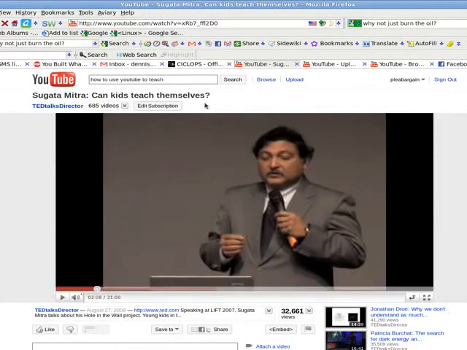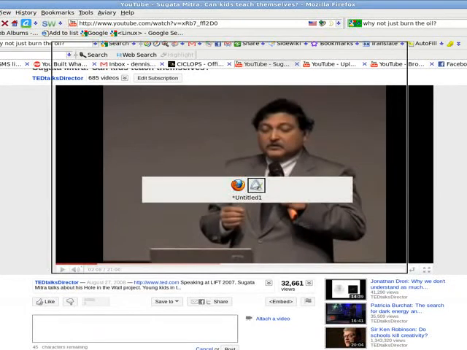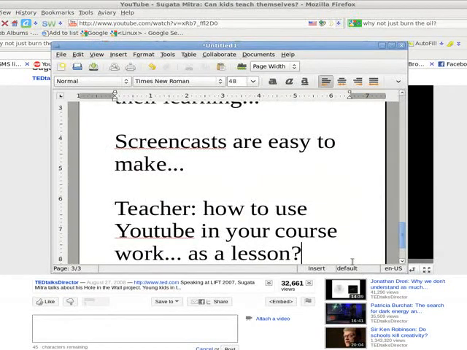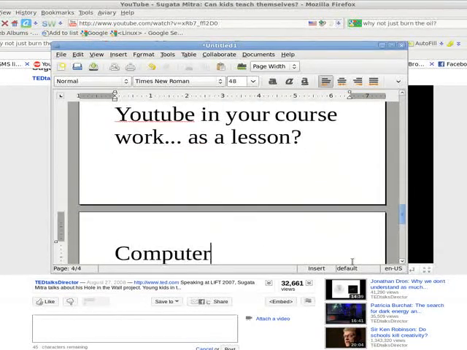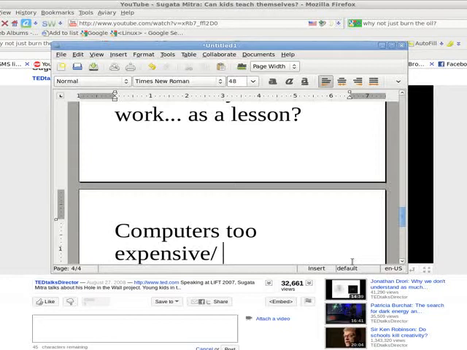So many schools are just missing their students' interests because they are locked into books and pencils and pens. And if you're going to say that instruction or computers are too expensive in the United States, in the US, absolutely not.